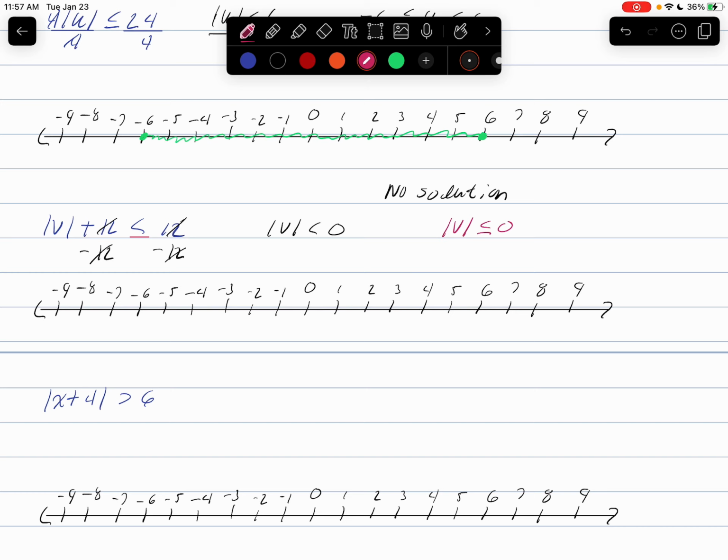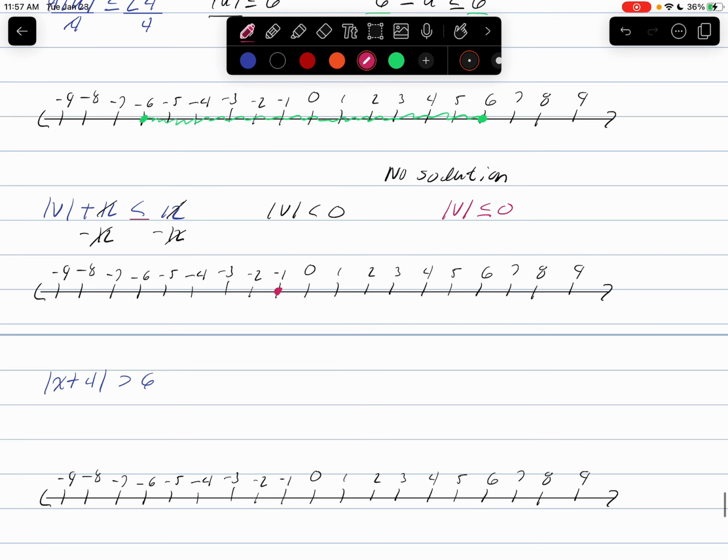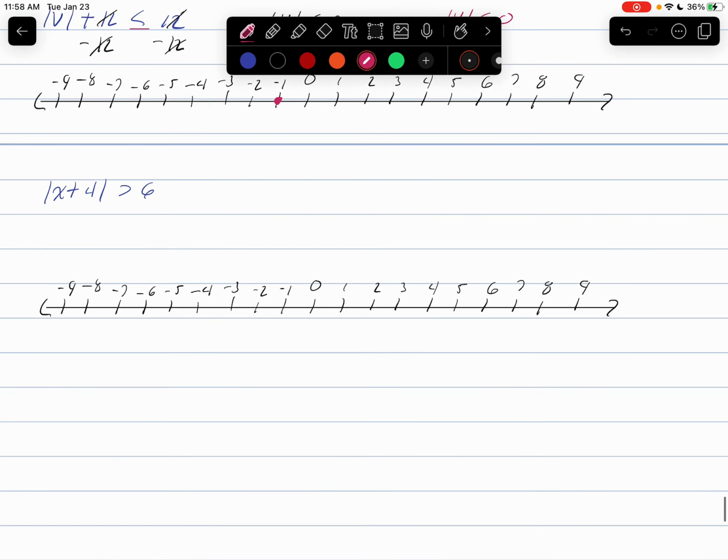So in this case, we could actually include the point 0 as well. And the reason we could include the point 0 is because of this less than or equal to. So sometimes the choice of less than or equal to or strictly less than is actually pretty important, okay? So really pay attention to that when trying to solve these problems, because sometimes there might be a curveball thrown in there. Okay, let's look at one more.